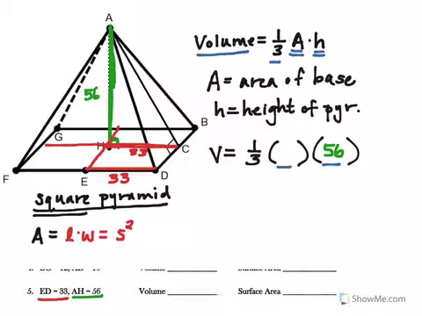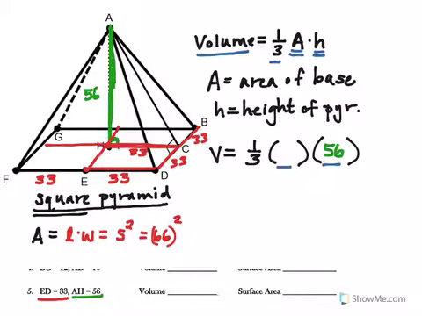But we know that E here is a midpoint, so F to E is also 33. So the length of one side is going to be 33 plus 33, or 66. F to D is 66, D to B is going to be 66, made up of 33 and 33, and so forth.